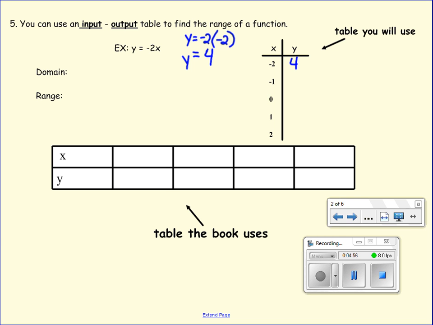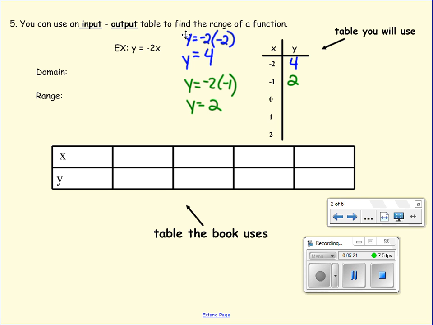In our second example, if our input is -1, y is equal to -2 times -1. y will be equal to 2. So if our input is -1, our output would be 2.